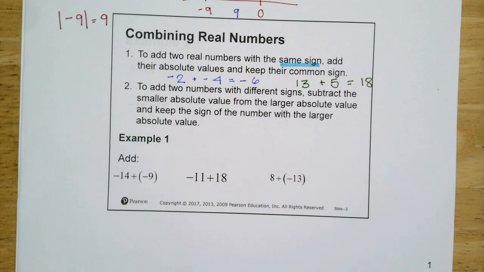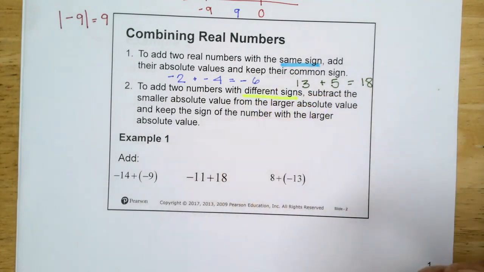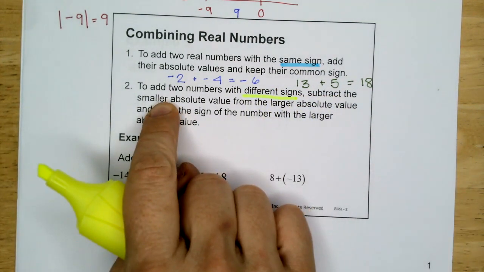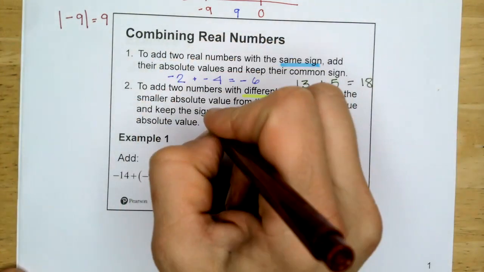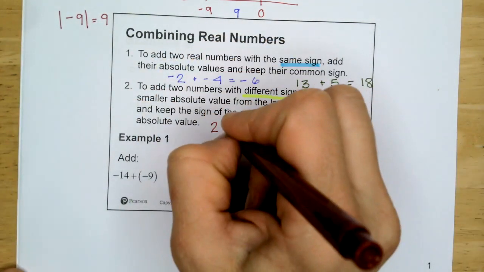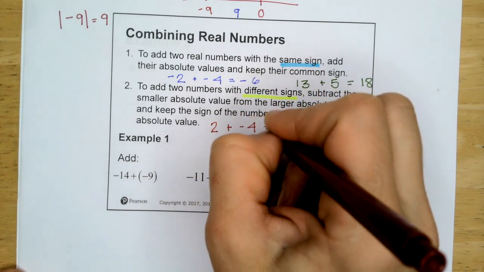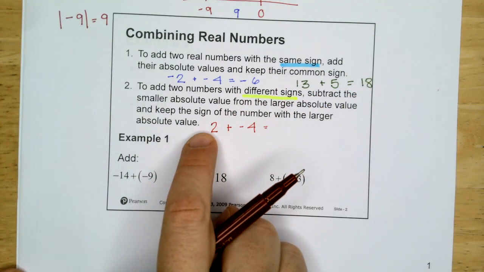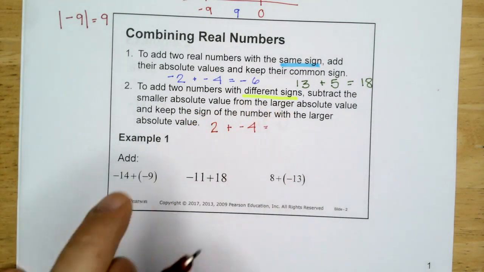All right, what if they have different signs? If they have different signs, you're going to subtract them from each other. Take the smaller one, subtract it from the larger one, keep the sign of that larger one. For example, if this was a +2 combined with a -4, right? Those are different signs. This is a positive sign, this is a negative sign. Subtract the smaller absolute value.